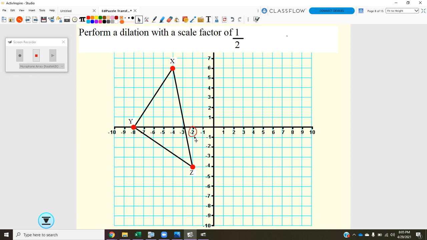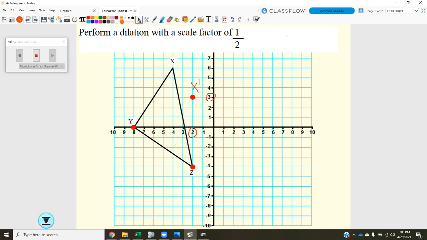So that's my new x coordinate. The y coordinate is 6. Half of 6 is 3. So those are going to be my new coordinates for x prime. So I'm going to take this dot, x at -2 and +3, and I'm going to label that x prime.